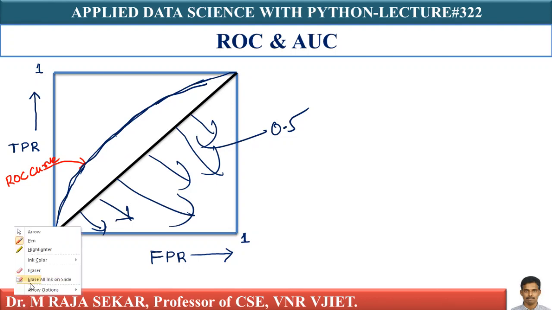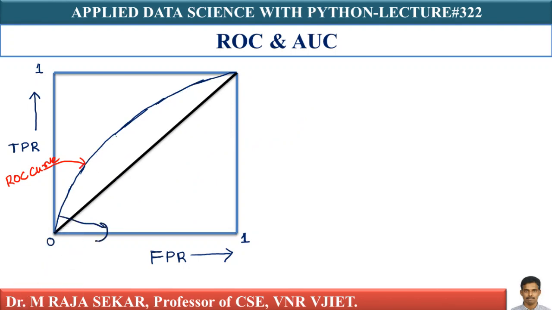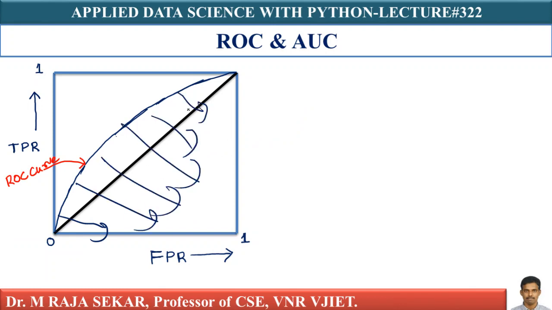It is basically the total area under this whole curve. This AUC lies between 0 and 1.